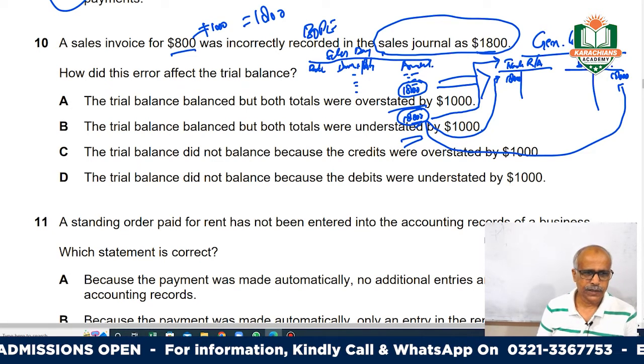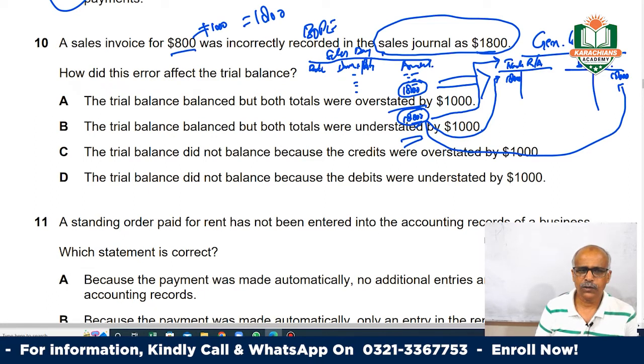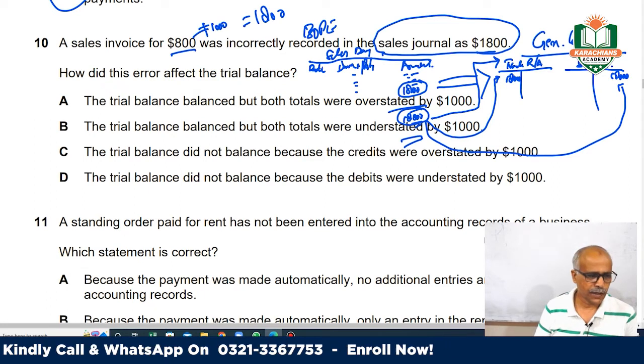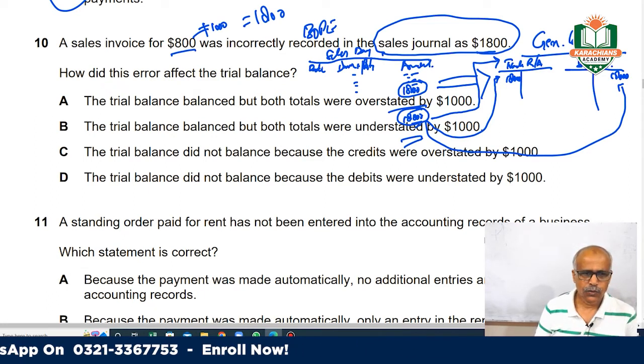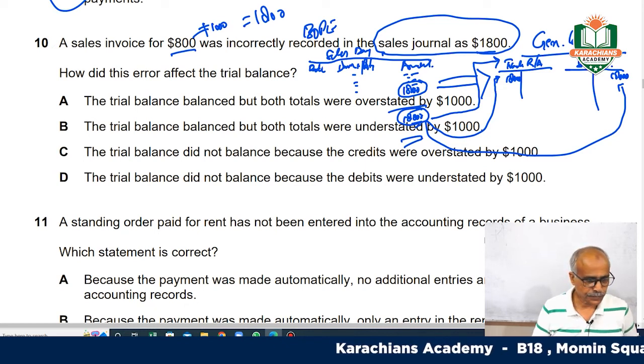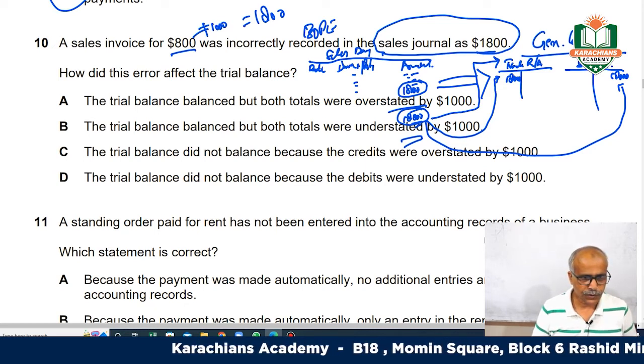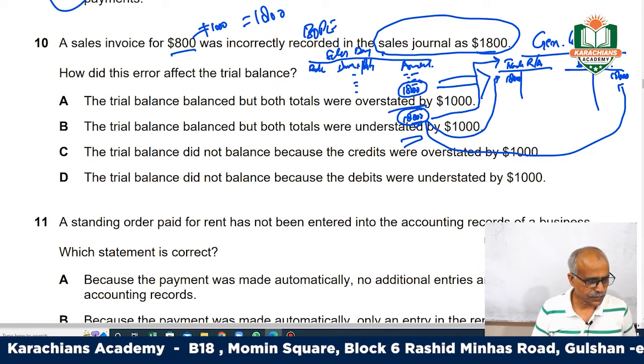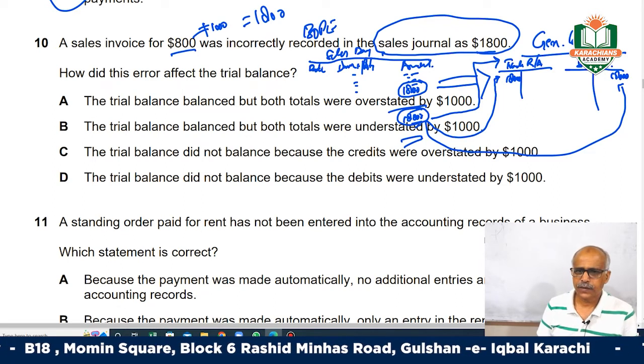So I was explaining how this error affected the trial balance, right?